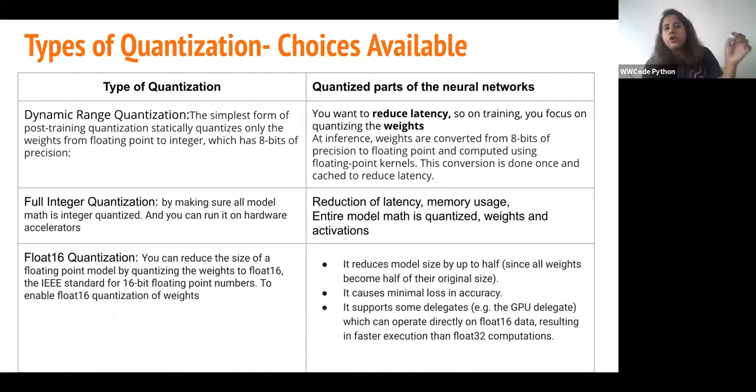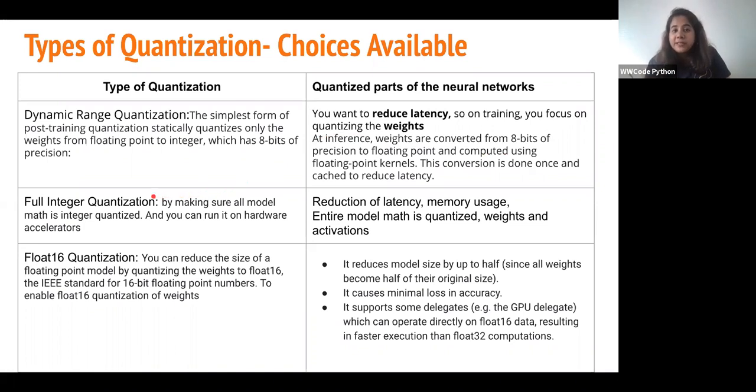Why do it? You want to reduce latency. On training, you focus on quantizing the weights, and at inference the weights are converted back to floating point values, which is what I was talking about previously. This conversion is done once and then cached to make sure we are reducing the latency.